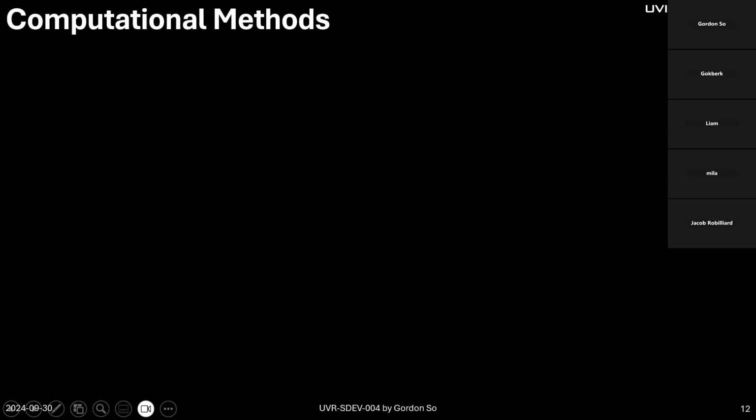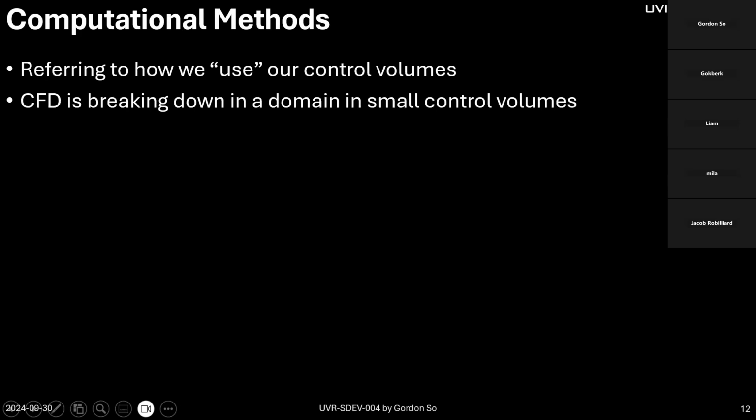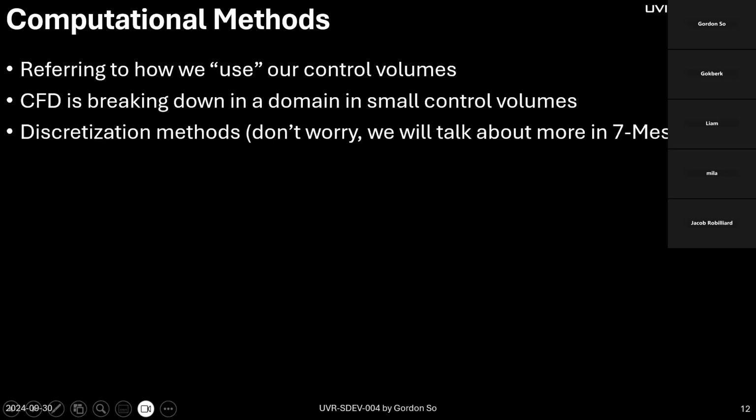Computational methods refers to how we break everything down into small control volumes and how we actually interpret the result cell by cell. You're breaking down a domain into smaller control volumes, and there are different approaches. It's actually pretty similar to FEA, because we are basically doing the same thing here.